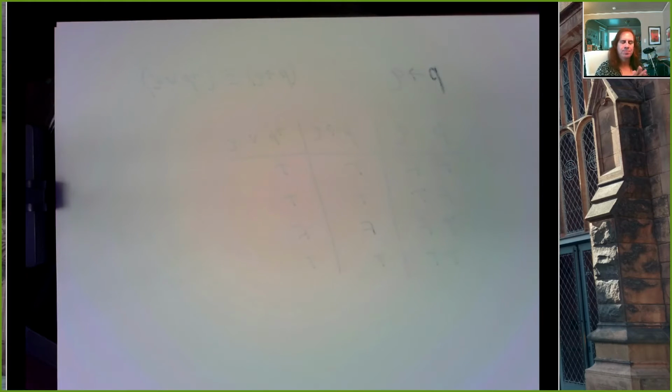So the idea of proofs is to prove that things are theorems, right? So a theorem is a thing that can be shown to be true. And a proof is that demonstration that it is true.